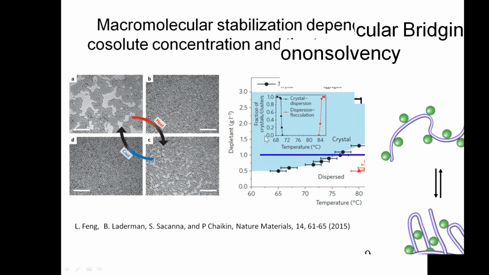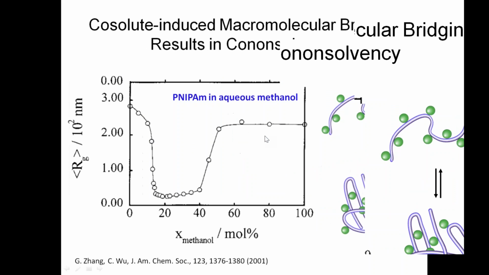For example, in this different experiment of a polymer chain in aqueous methanol solution, they measured the radius of gyration of the polymer in a mixed solution of water and methanol, and they saw a non-monotonic behavior of the radius of gyration with the methanol content. This is called a re-entrant diagram because it shows this non-monotonic trend.